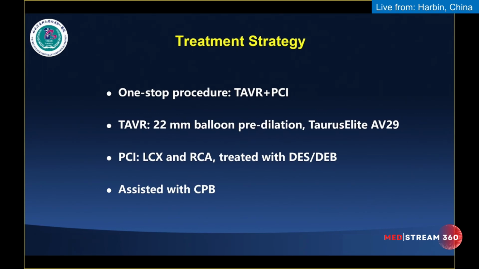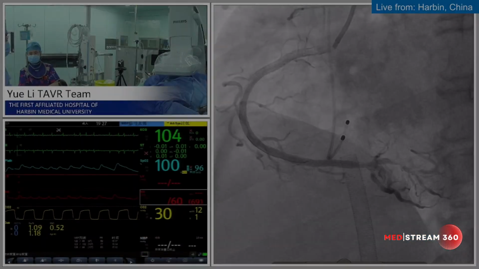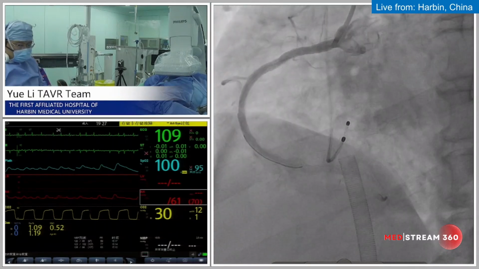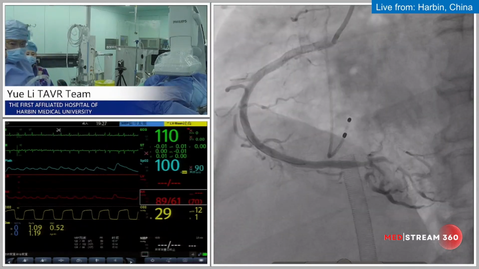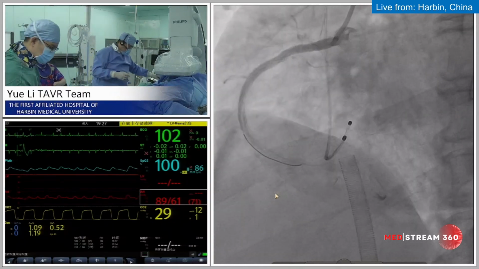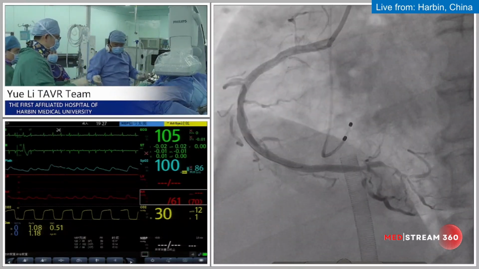For the PCI, we treat the LCX and RCA with DES or DEB, assisted with CPB. Of course, our PCI procedure is performed under the guidance of intravascular imaging with IVUS.